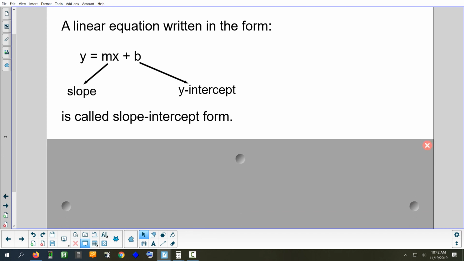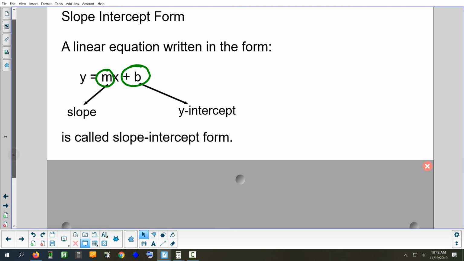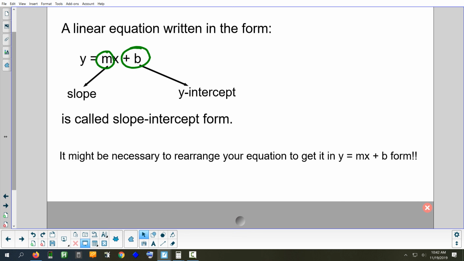So, what I want you to remember is the number in front of the x is your slope. The number at the end, without the variable, is your y-intercept. Now remember, you did this on the test last week. You may have to rearrange your equation to get it in y equals mx plus b form.